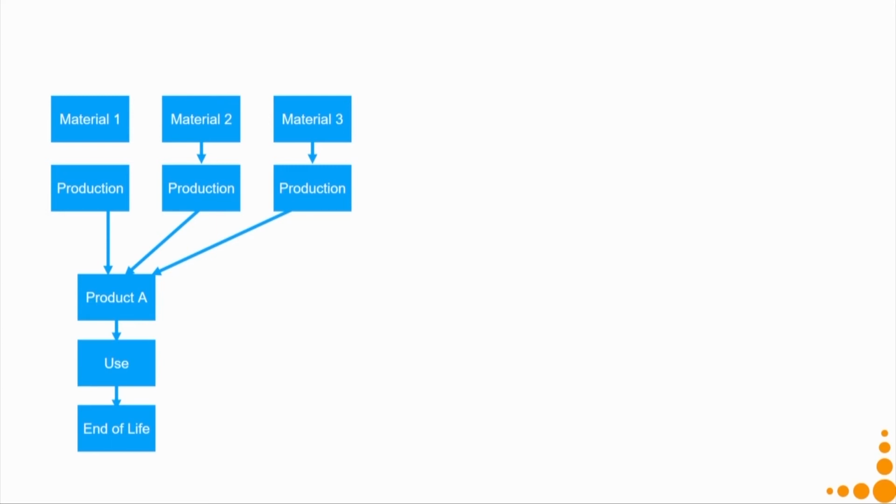So, let us say our diagram in which I am getting product A as a result of my production processes, and say my material 3 production leads to a particular byproduct. Let us take the example of a furniture industry. I am making chairs which might consist of some wooden components, some metal components and some plastic components.